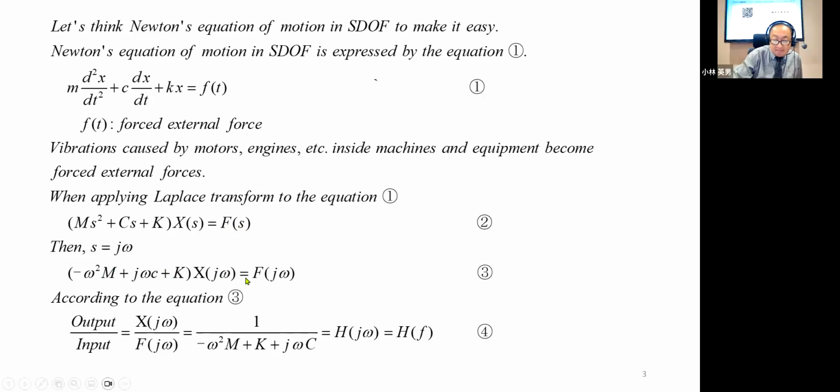This F is input. This X is output. Like this, we make the fraction output over input. This expresses the characteristics of the object.